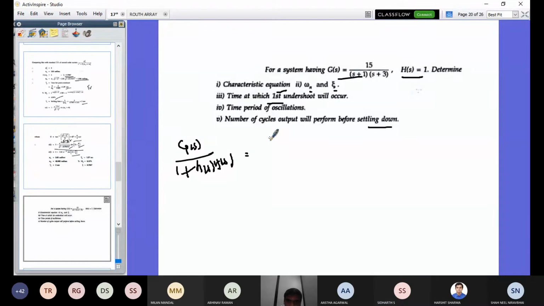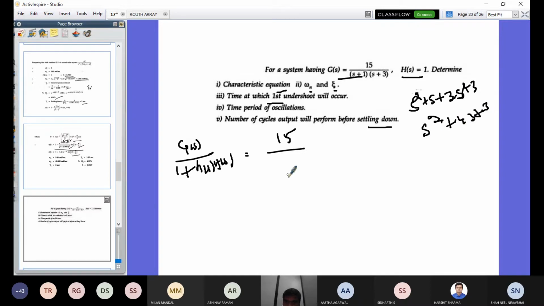G of s is 15 divided by, so if you multiply this, what will you get? S into s is s square, plus s plus 3s plus 3. So what is the answer? S square plus 4s plus 3.